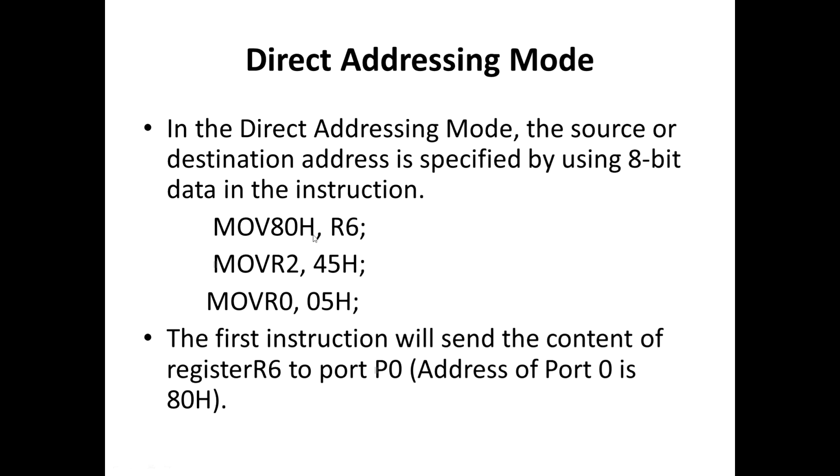The data stored in the R6 register is moved to 80H, where 80H is the address of port 0. You can also use several other ports. Here the 45H value is moved to the register R2. The 05 value is moved to the register R0. It is called direct addressing mode, since we directly give the address.